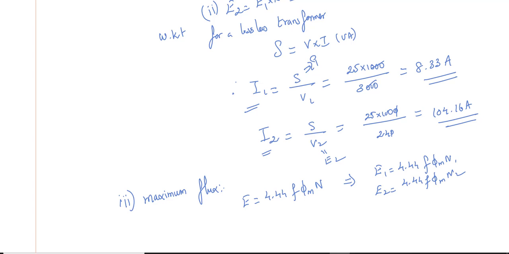You can use any one of these formulas. From this, phi m is the maximum flux, that is phi max. So, we can calculate phi m.